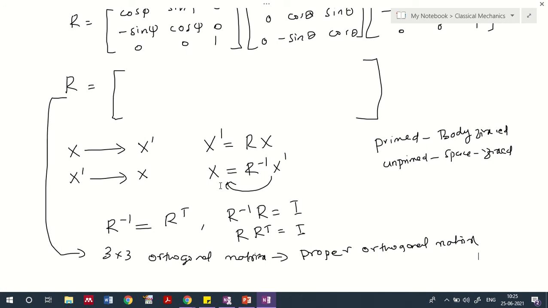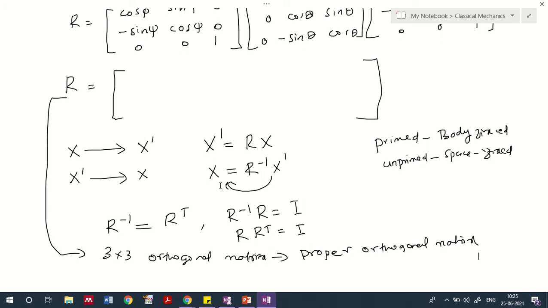This is useful in many applications like rotating frame measurements, especially in gyroscopes and spacecraft systems.